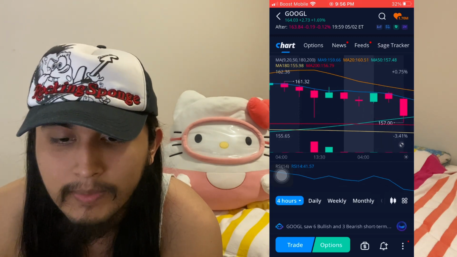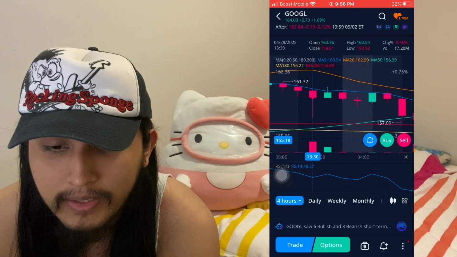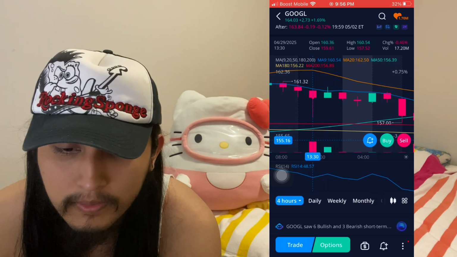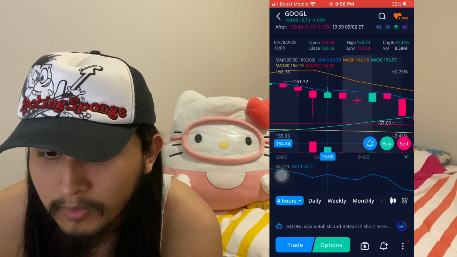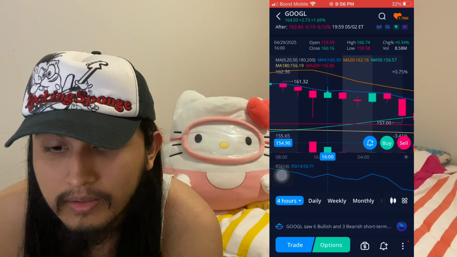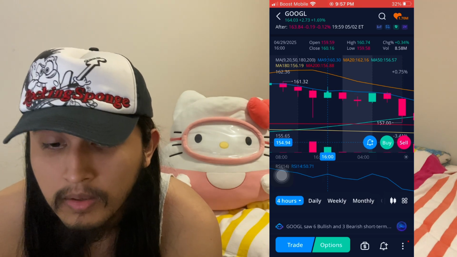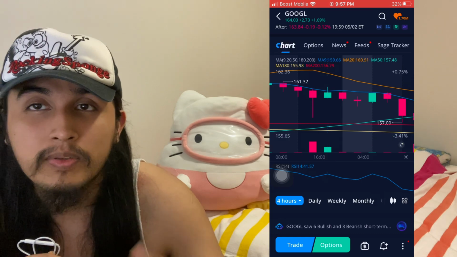You can see the 13:30 candle on April 29th tried breaking above it and completely failed. Then the 16:00 candle tried as well, failed and got rejected. So my analysis was right.